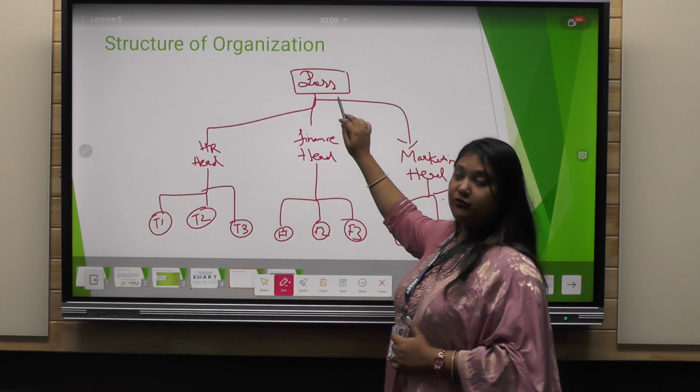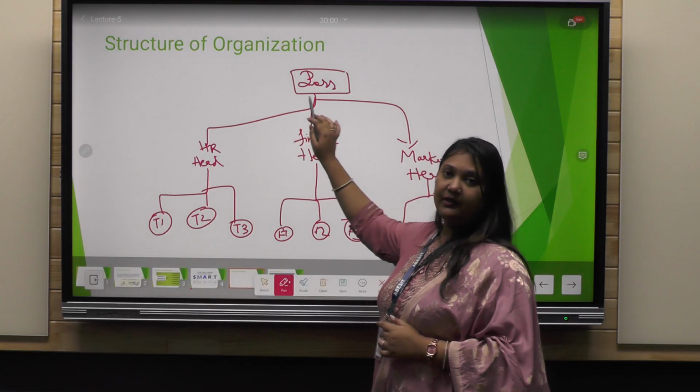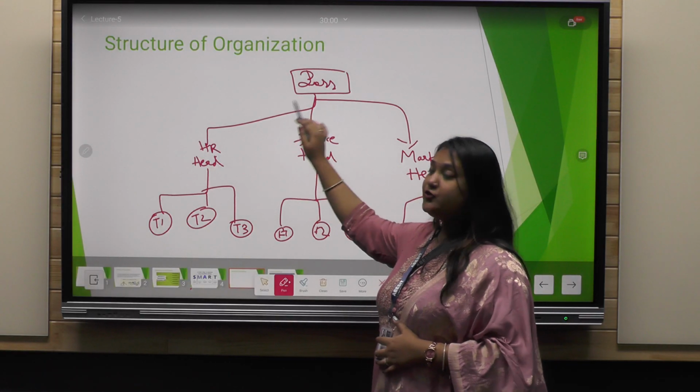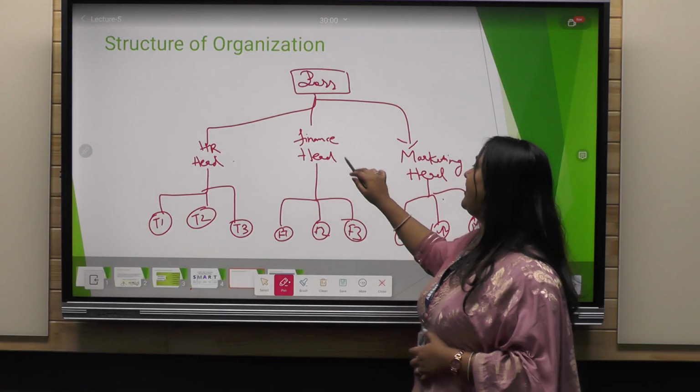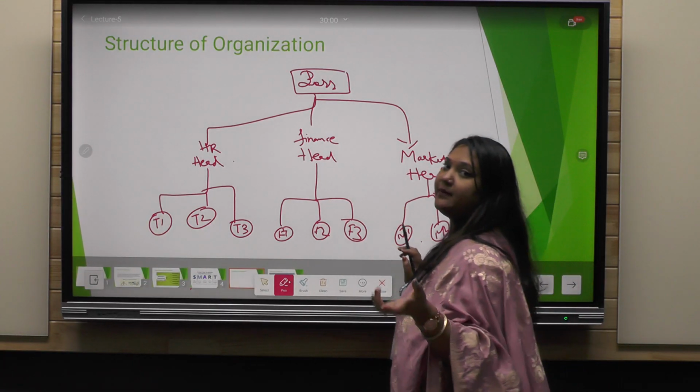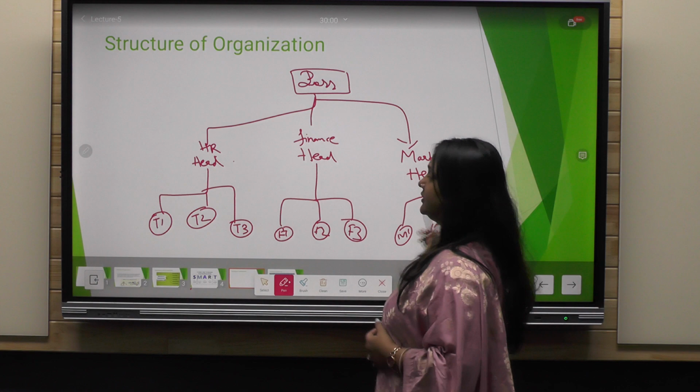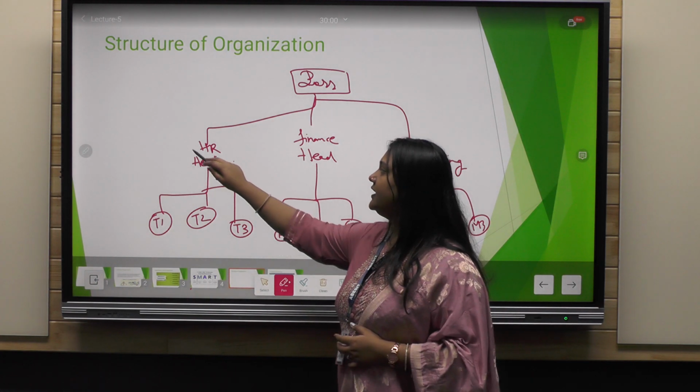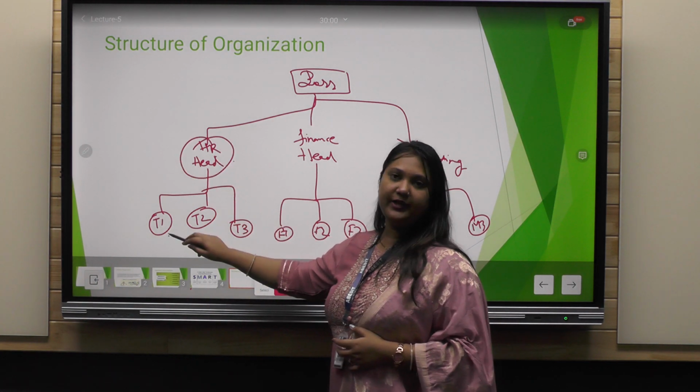This is the boss of the organization, then the connection should be with the HR head, finance head, marketing head, production head, and so on. After that, the HR head has his own team.